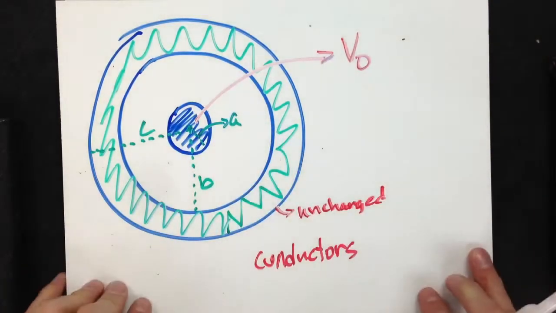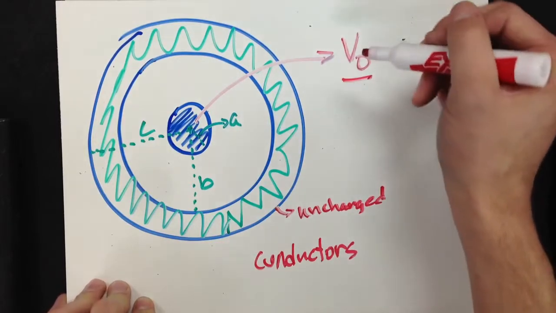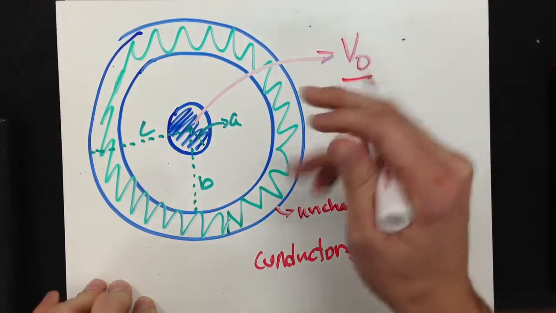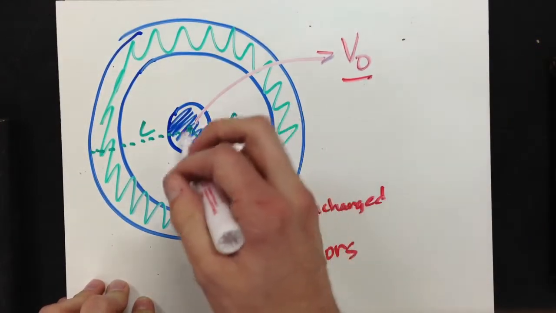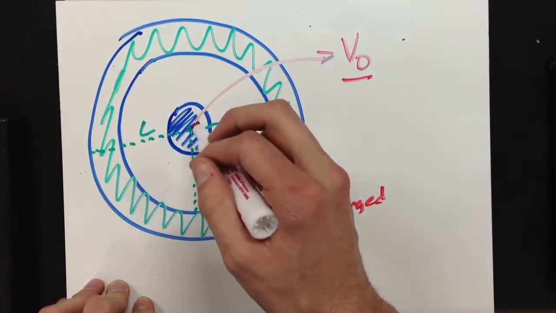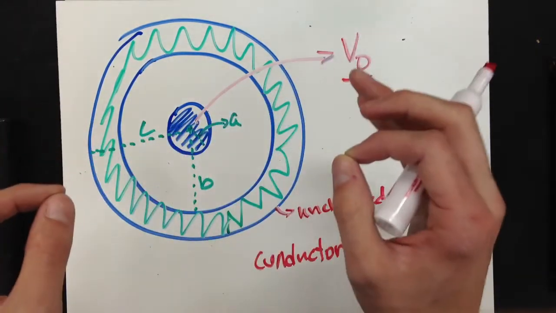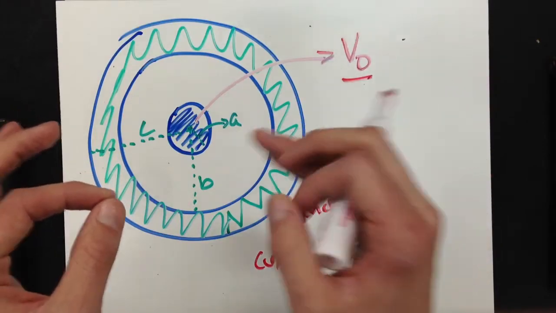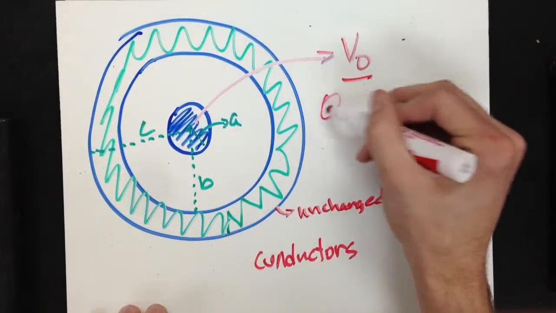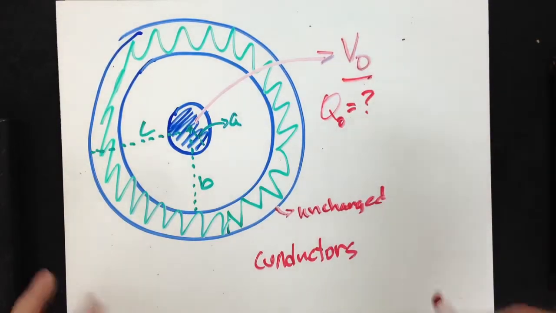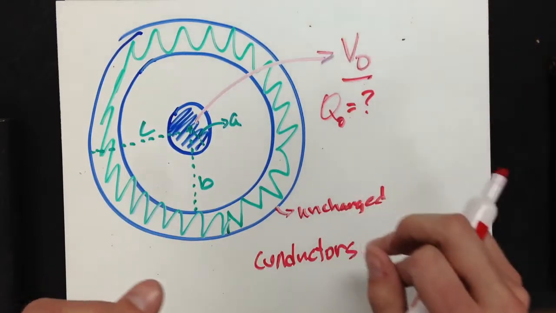This is a charged conductor, so all of its charge is located on that outer surface. I'm going to say it's got some charge Q naught. I don't know what it is, but I know it's got some charge because it's charged to an initial potential.